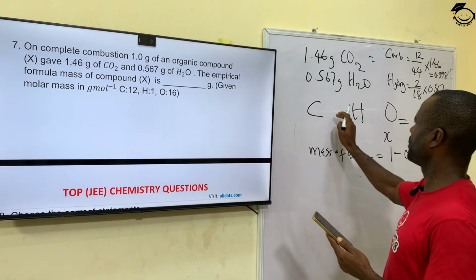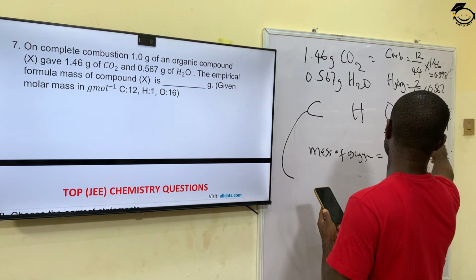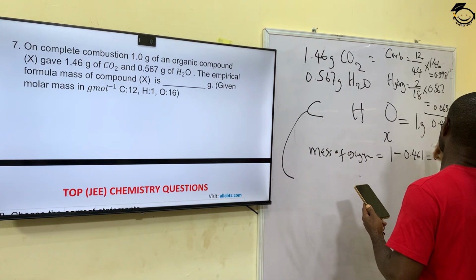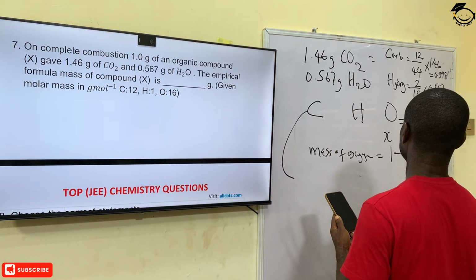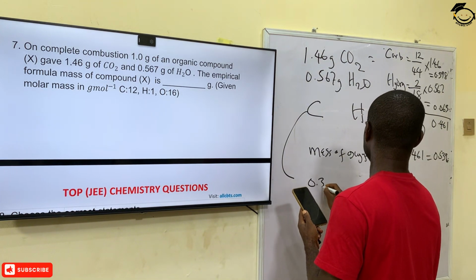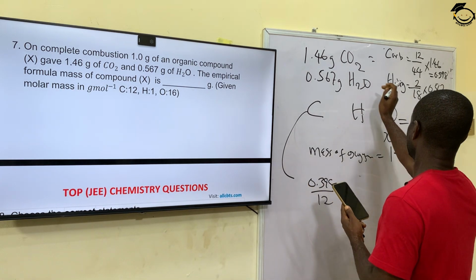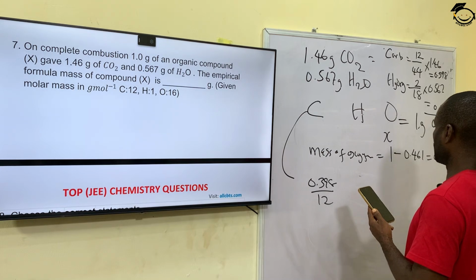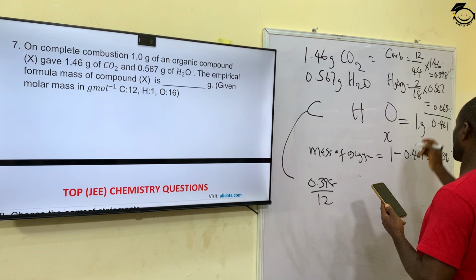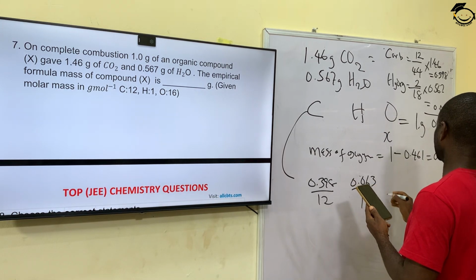So for us to find the empirical formula, we have to find the mole ratio of each. The mass of carbon is 0.398 over 12. For hydrogen, it is 0.063 over 1.